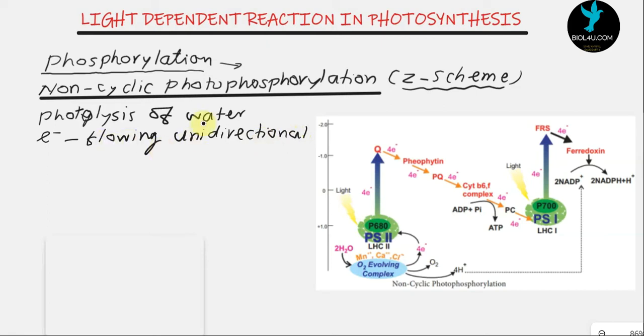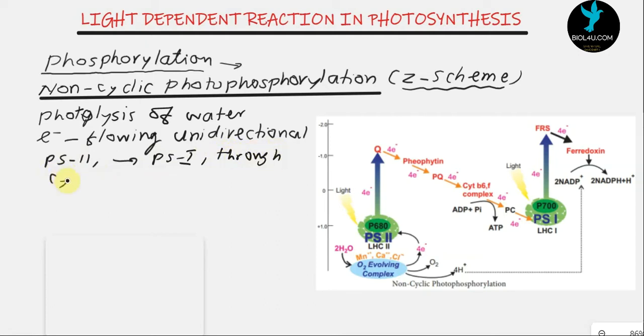This electron is taken from the water, and then it goes to photosystem 2, and from photosystem 2 it goes to photosystem 1.